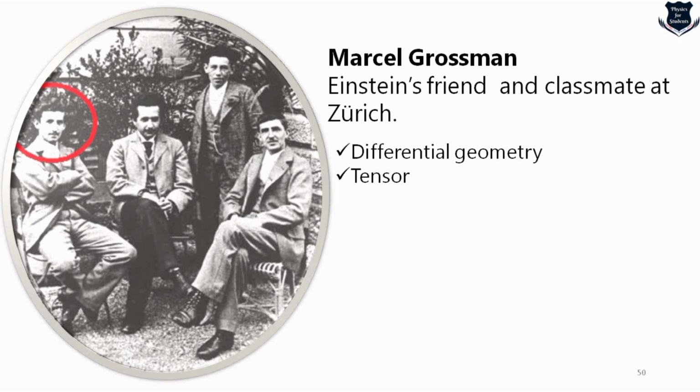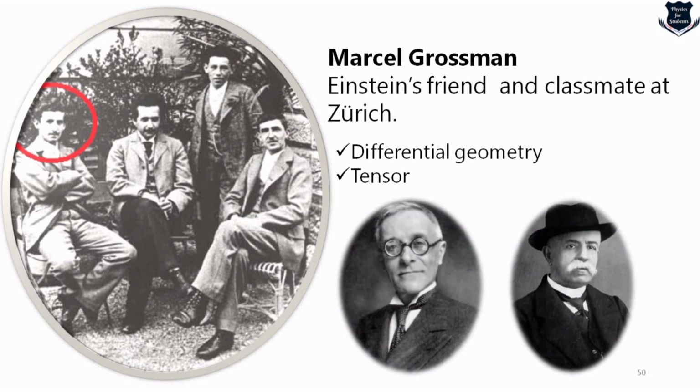This was introduced by Marcel Grossman and his friend Michel Besso. These are two distinguished mathematicians. On the right hand side, the person with a hat and a long mustache is Gregorio Ricci-Curbastro, and the Italian mathematician Tullio Levi-Civita. They independently developed the concept of differential geometry and tensors, thereby used in mathematics by Albert Einstein.